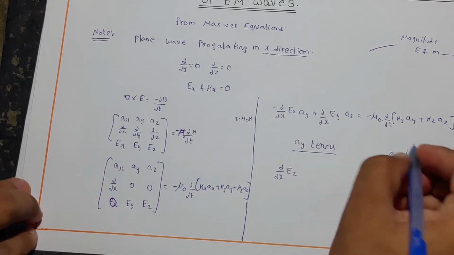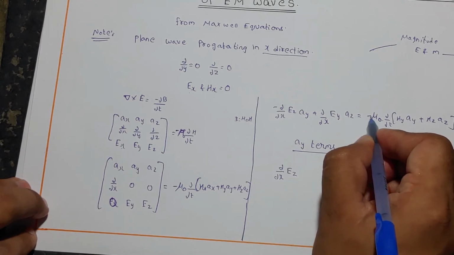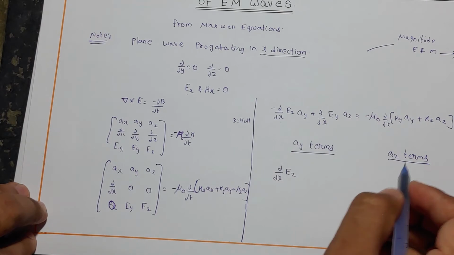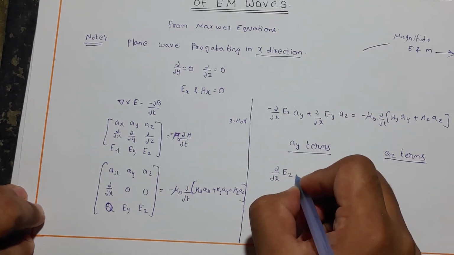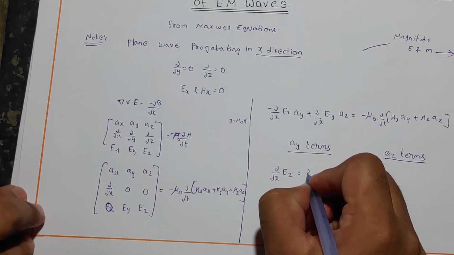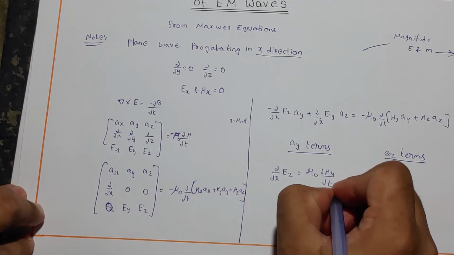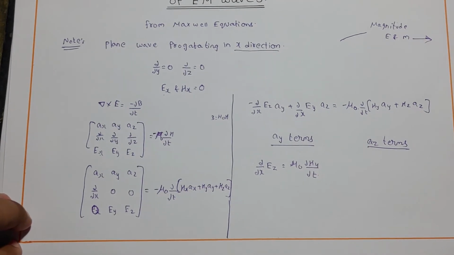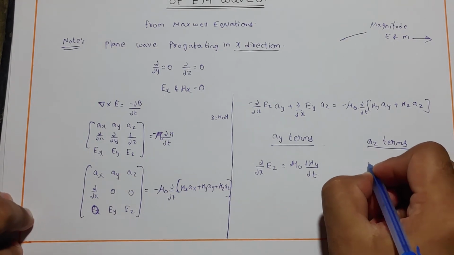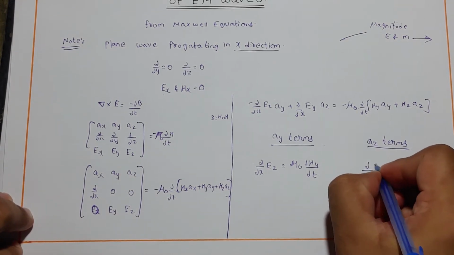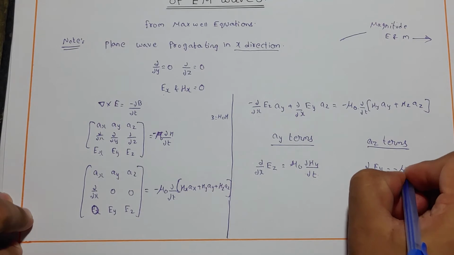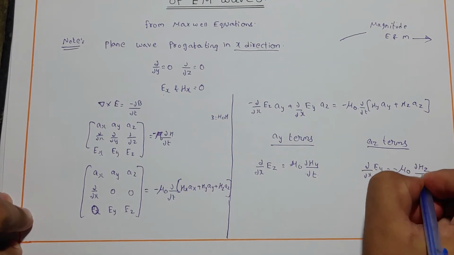As this is in the Ay direction, both have minus signs and the minus sign would get cancelled. That is dou by dou x of Ez is equal to mu naught dou Hy by dou t, and Az terms would be dou by dou x of Ey is equal to minus mu naught dou Hz by dou t.